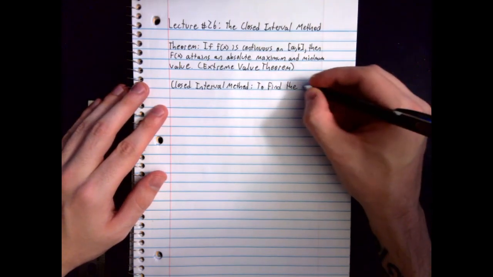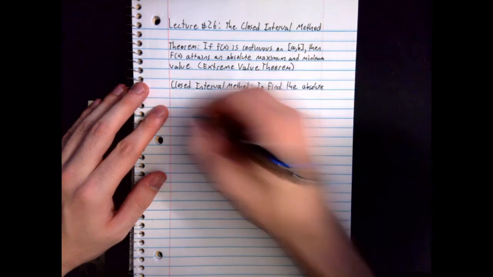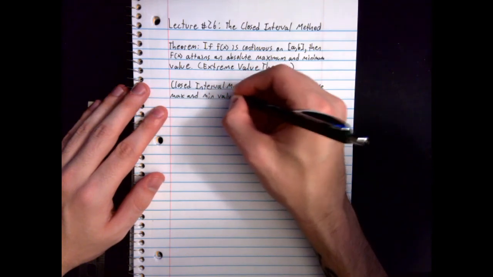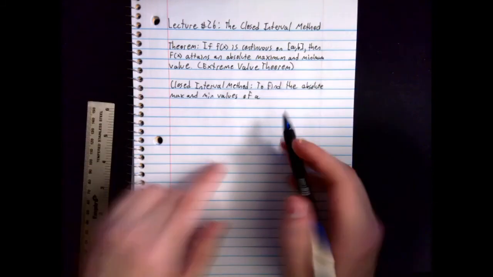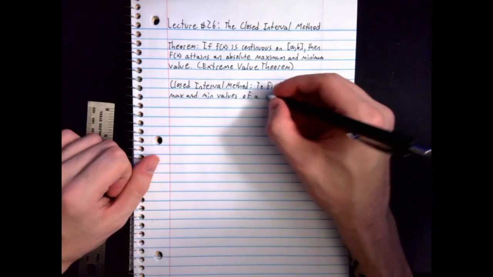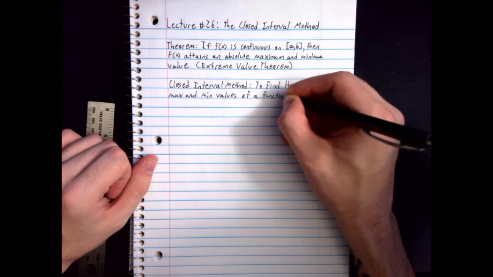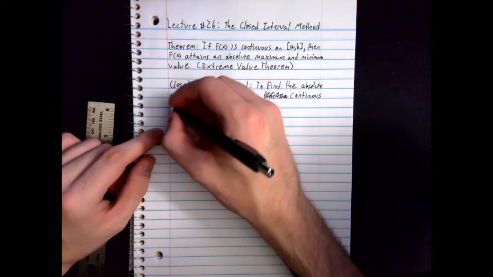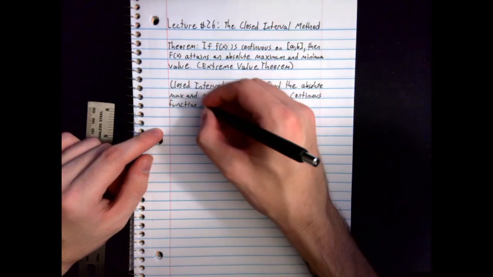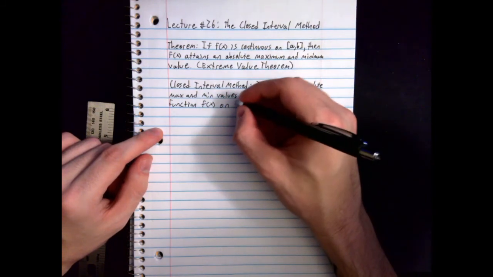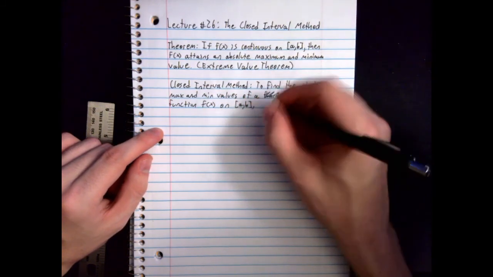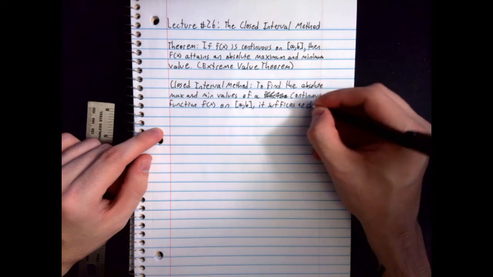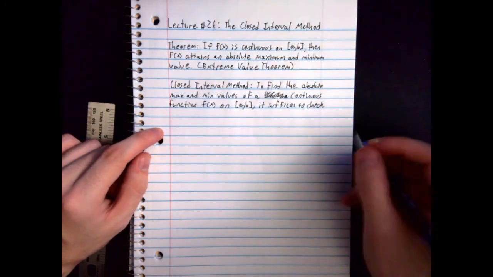the absolute max and min values of, and we're going to demand that it is continuous on a closed interval, so of a continuous function, I should say, f of x on the interval a to b, it suffices to check, so we only have to check a finite number of points.